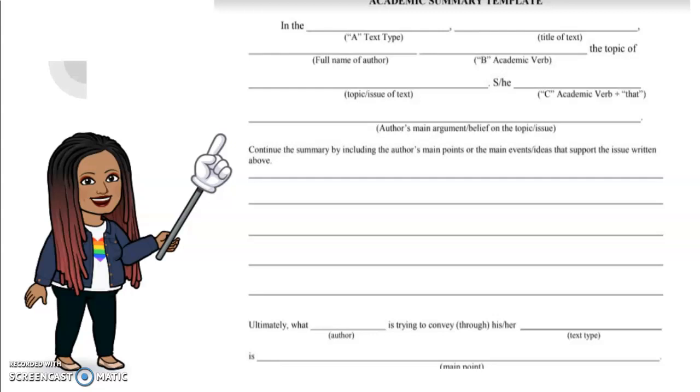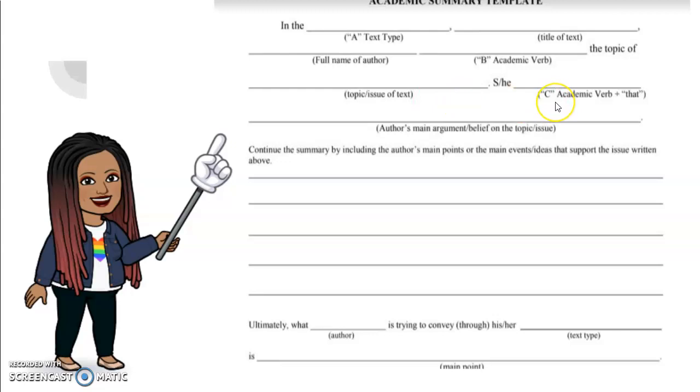And here's your tip: if I were you, I would define these verbs, okay? And then after I define the verbs, I would ask myself, is the author performing this particular action? And then topic or issue of the text. For the topic, you can do one sentence, or you can tell us the conflict. So we will talk more about this in class.